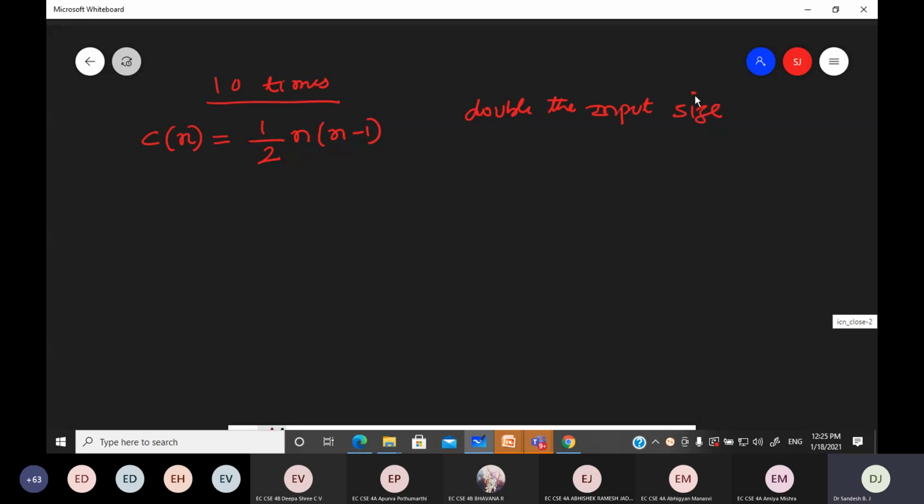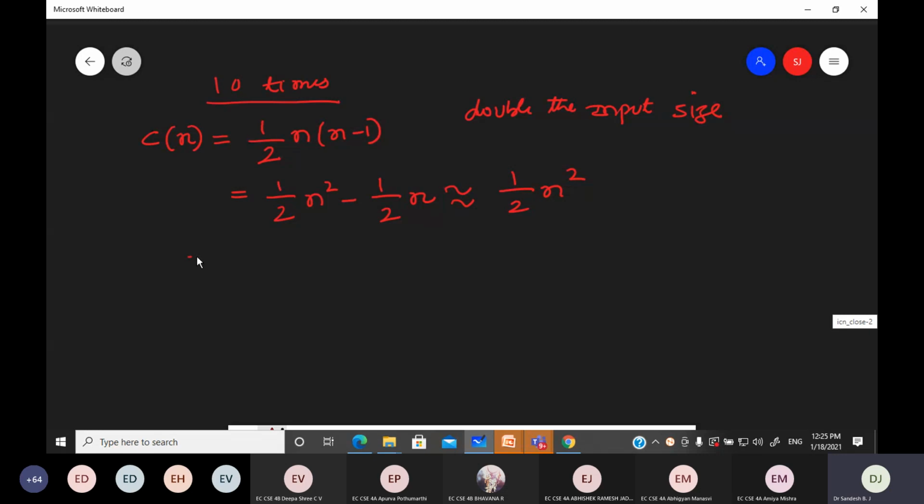How much longer will the algorithm run if we double its input size? Can you tell me? 4 times. It's 4 times, right? As we know, C(n) is equal to half into n into (n minus 1), which is equal to half n square minus half n. As I told, this is approximately equal to half n square.